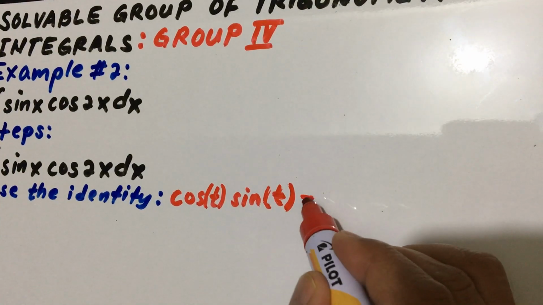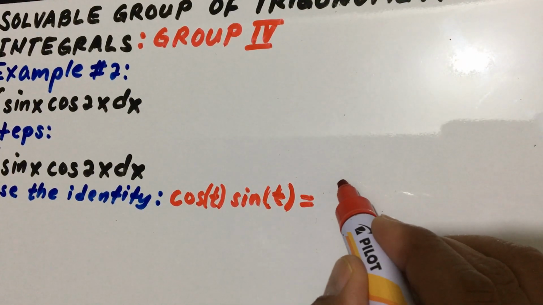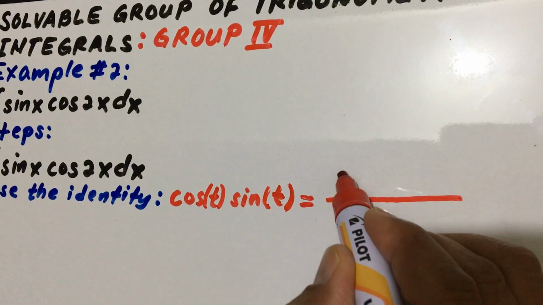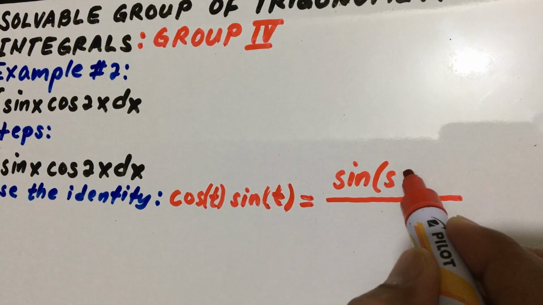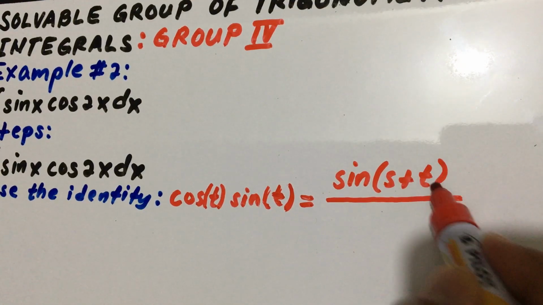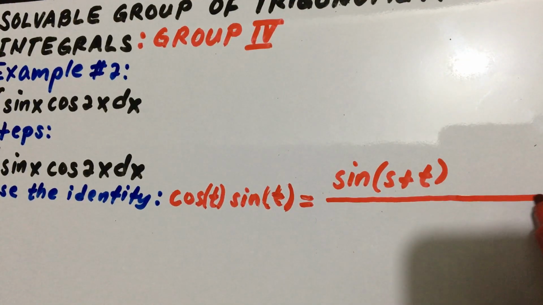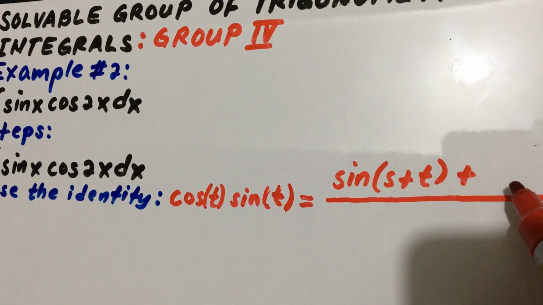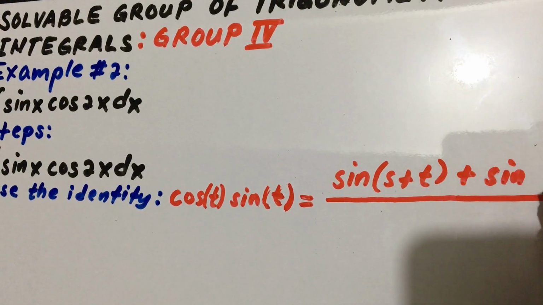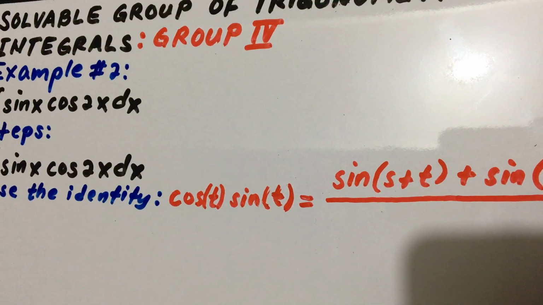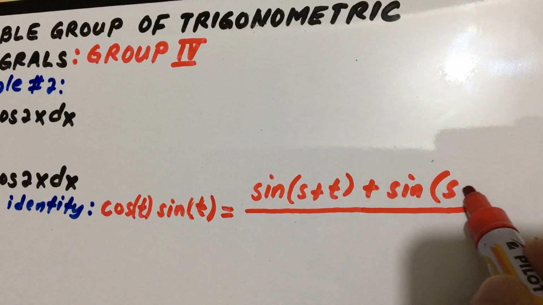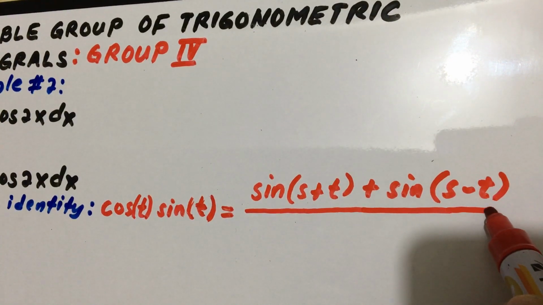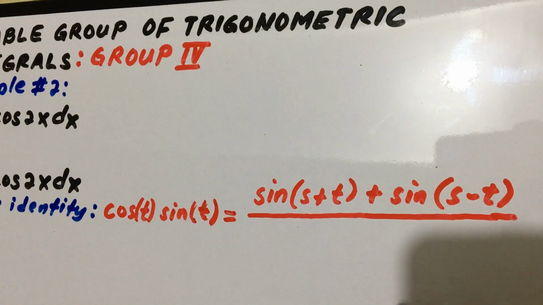This is just equal to sine of s plus t, then plus sine of s minus t, then divided by 2. So we can make use of this identity, class.